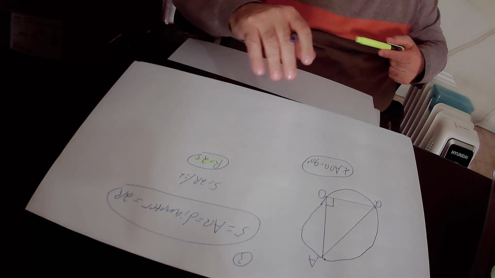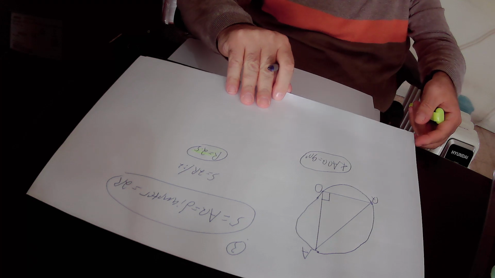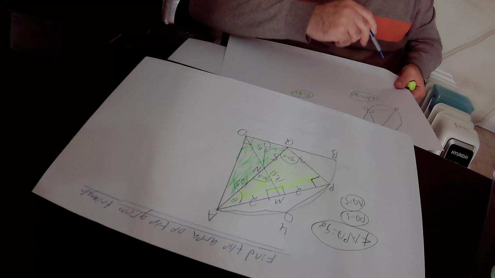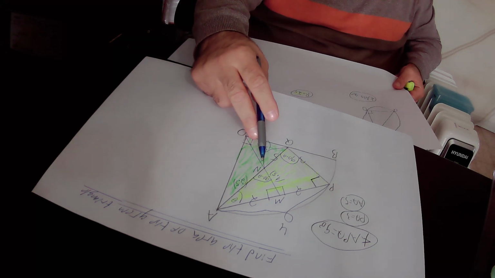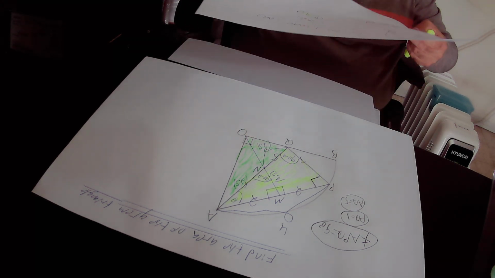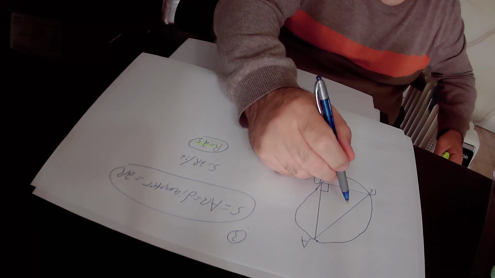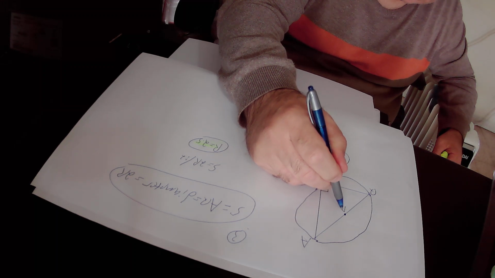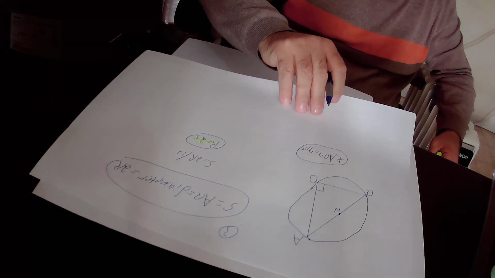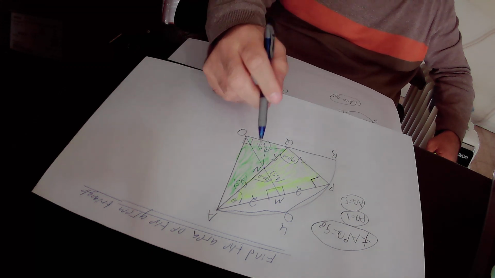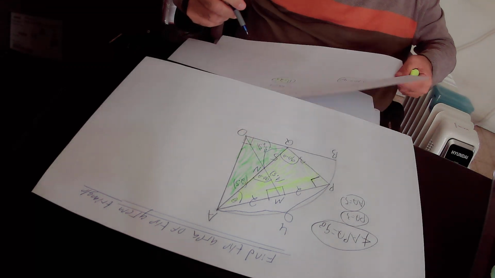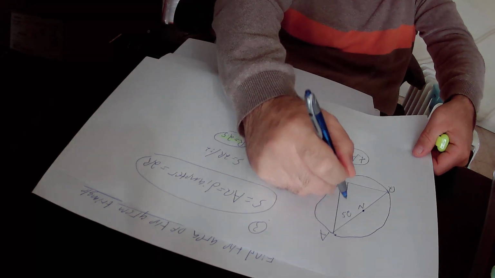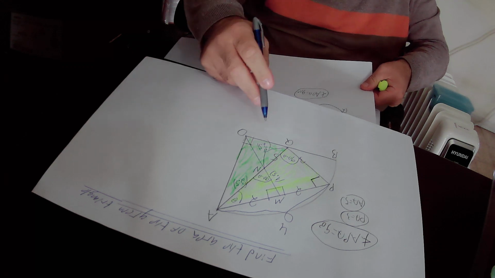In the next step, I will copy point N from the original drawing to our drawing. We have already found out that AN equals 2.5, and also NQ equals 2.5.